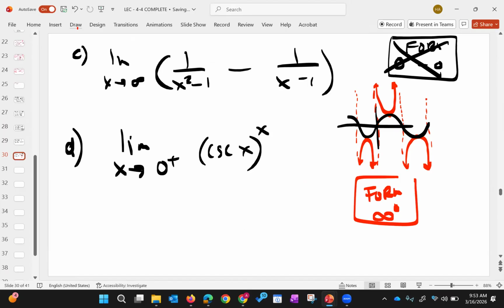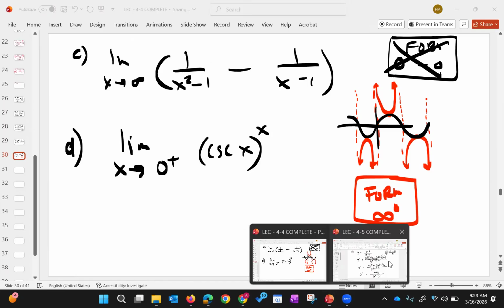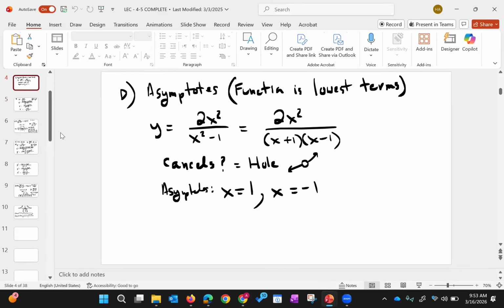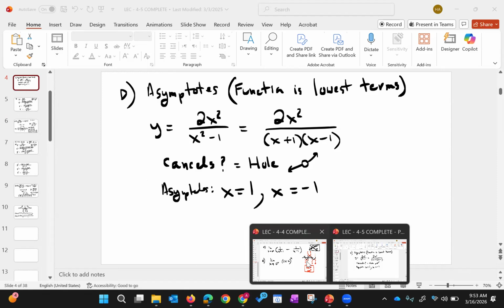Is that one of the forms? Equals 1. It is the power rule number 2. Trying to find it. Nope, not going to find it. Everybody okay though? That's power rule number 2.